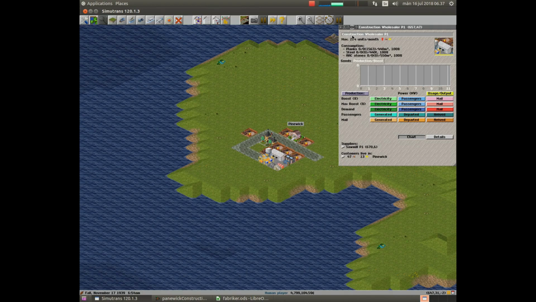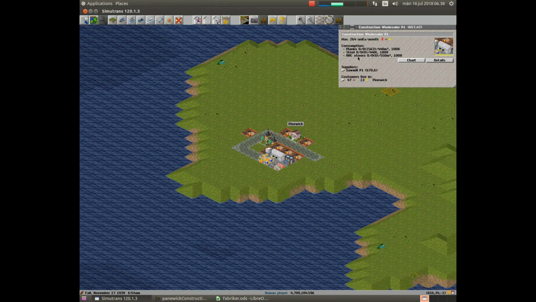Notice I have also changed the name a little by calling it s1e21 or P1. This industry is a consumer. They don't deliver any supply to others, and it can be boosted by electricity, passengers and mail.